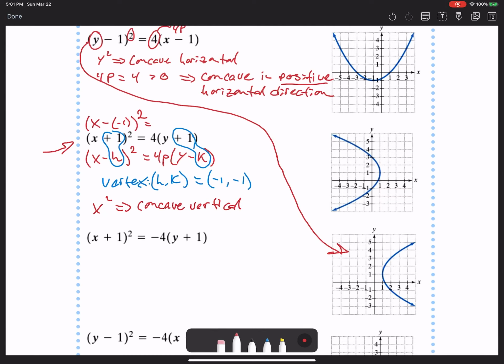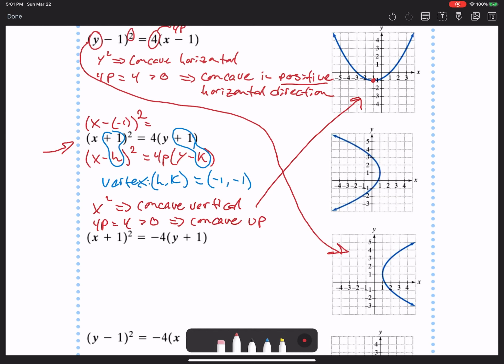The 4p value is equal to 4, which is greater than 0, which means that it's concave up. In other words, in the positive vertical direction. And there's only one parabola that's concave up. It's this one, and it helps us to confirm, knowing that the vertex was supposed to be at negative 1, negative 1, which it is.